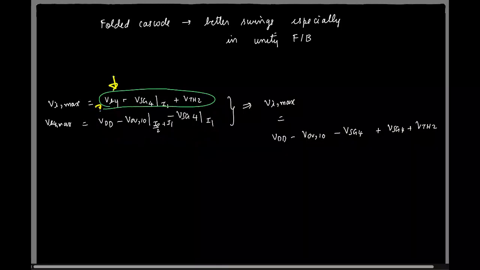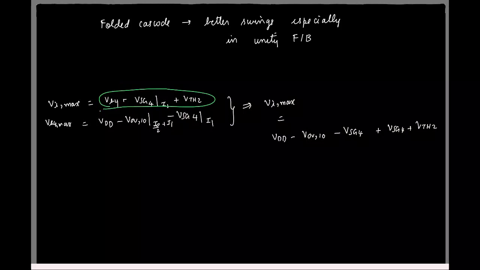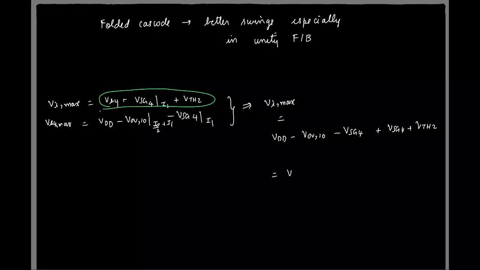I'm also putting the maximum of VB4. So this is equal to VDD, these two cancel, minus V overdrive of M10 plus VTH2, right? And again, if you put typical numbers, this will be say 0.4 volt, and this can be as low as 50 millivolt. So this can actually go beyond VDD.